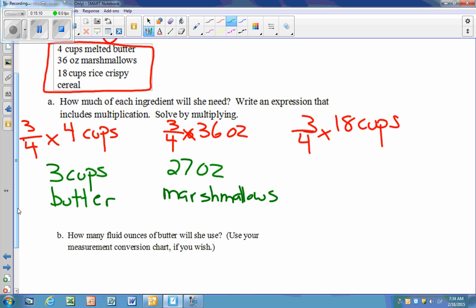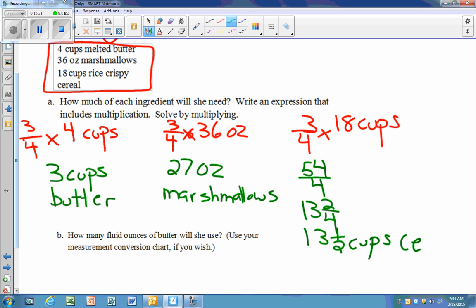And 3/4 of the 18 cups, we're talking about 54 fourths, which we will then turn into a mixed number. When you turn 54 fourths into a mixed number, you get 13 2/4, which is 13.5 cups of cereal. So that's 3/4 of the recipe.